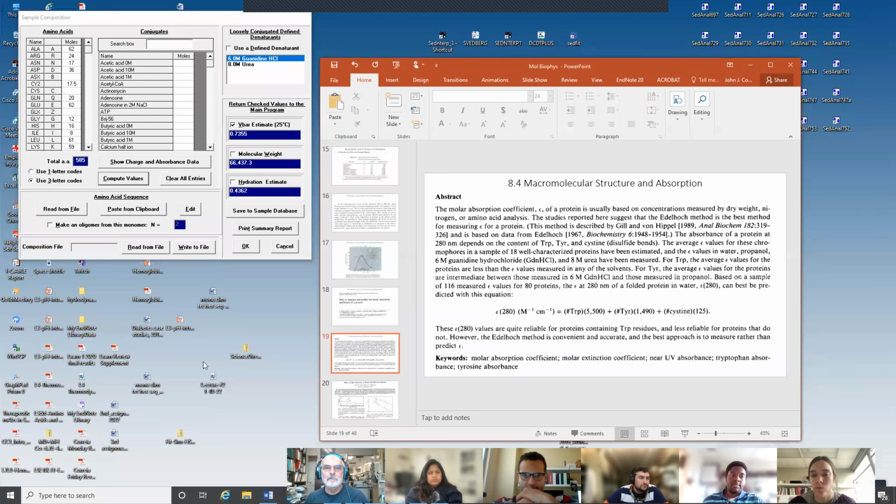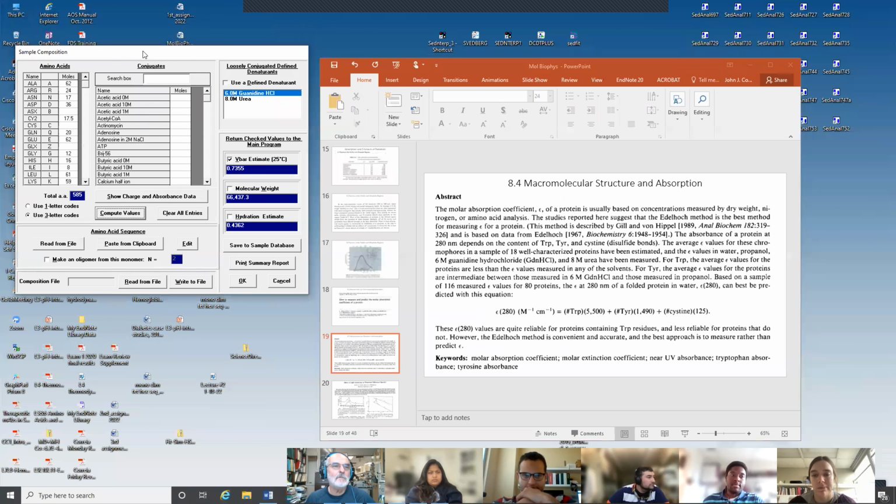Okay, so let me bury that for the moment. There's a software package out there called Sedinterp. I've got an old version and a new version. I'm showing you the old version.